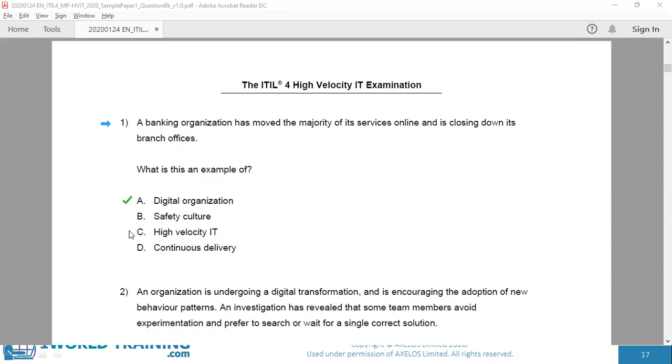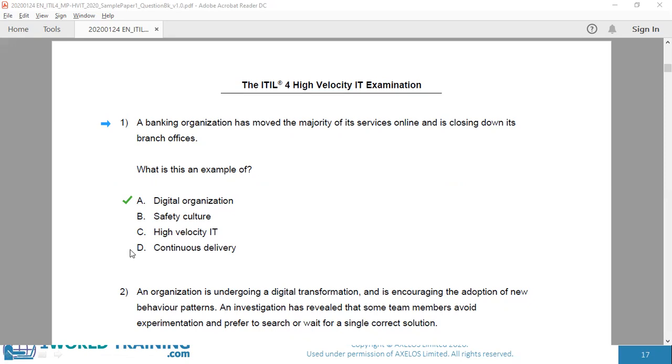Option C, high velocity IT, which we will look at in a moment in this course. This type of change to HVIT is focused on business enablement, in which speed is a consideration, but in the situation, there is no indication that speed is a consideration. High velocity IT is the application of digital technology for significant business enablement where time to market, time to customer, time to change, and speed in general are crucial.